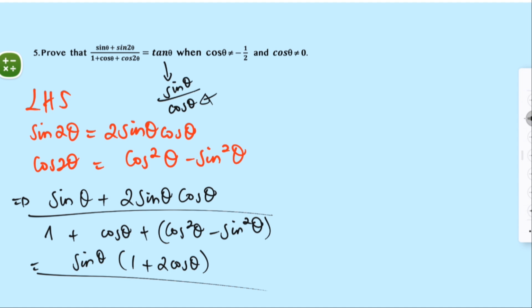So we have to find an identity that will replace sine with cos, and the only one I can think of right now is cos squared theta plus sine squared theta equal to 1.